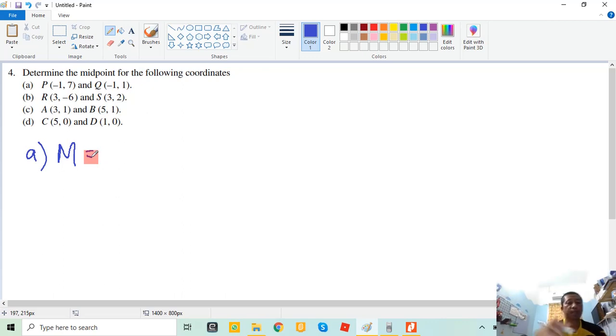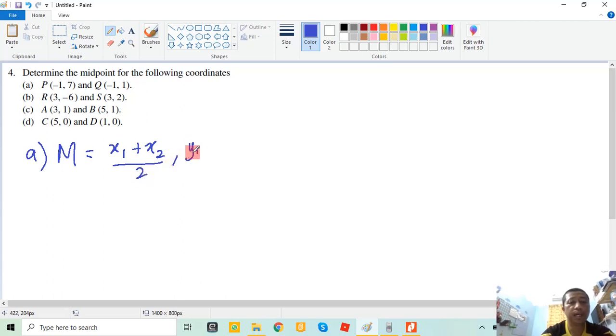Okay, so let me write the formula first. The formula is x1 plus x2 divide 2, comma, y1 plus y2 divide 2. And don't forget, coordinates should have brackets. You must write brackets, compulsory.